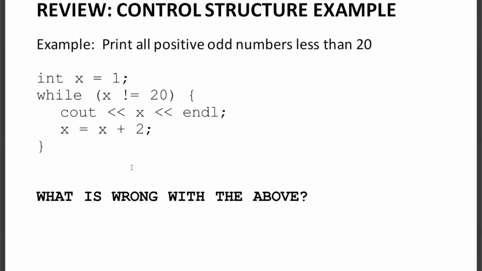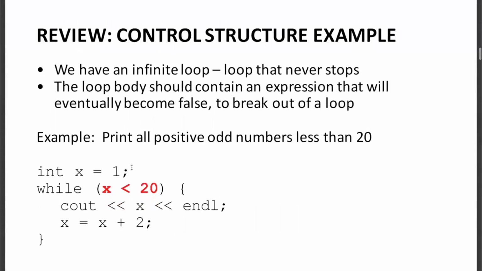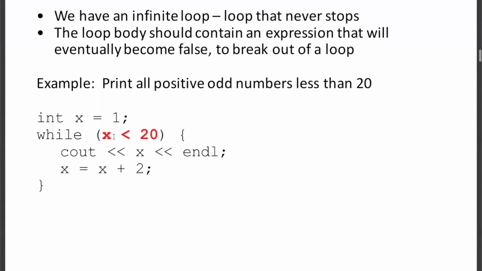So how would you be able to correct that? Well, to correct that, you want to ensure that you have some sort of condition that binds the entire problem space from an infinite space to a finite space. And the way to do that is using a less than or equal to, right? These conditional operators ensure that your problem set is bounded so that it doesn't go through infinities.